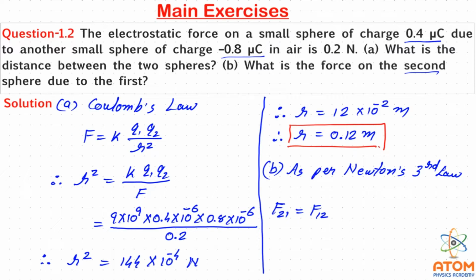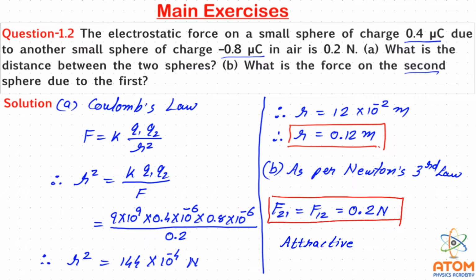So we can just put the value, which is 0.2 Newton. Obviously, this force will also be attractive. Both the spheres will be attracting each other. So here is our second answer, and the force is attractive.